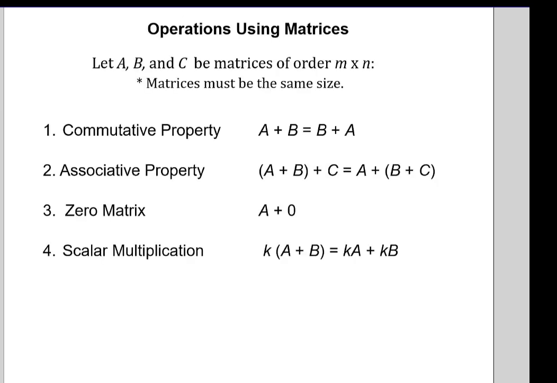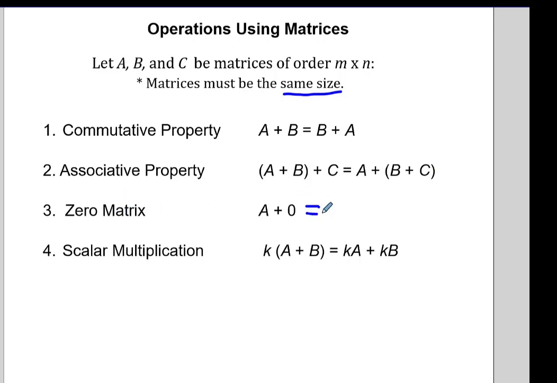Now, the operations using matrices, we also have, let's say for 3 matrices A, B, and C, if the matrices are order m by n and they're the same size, then the commutative property holds for the sum of two matrices, and the associative property holds for the sum of 3 matrices, and the 0 matrix upholds.